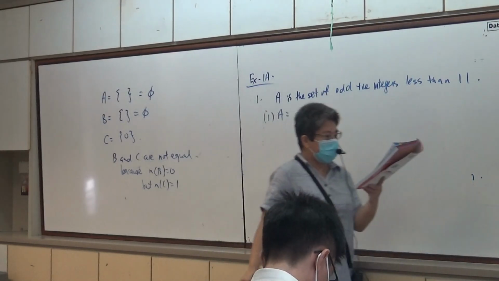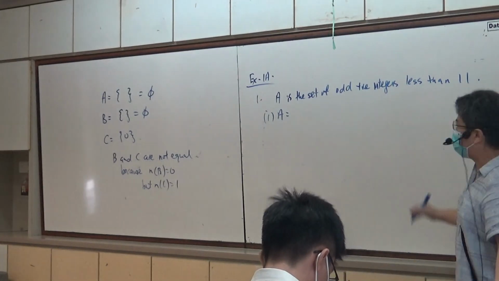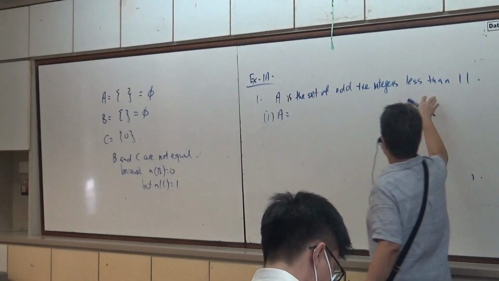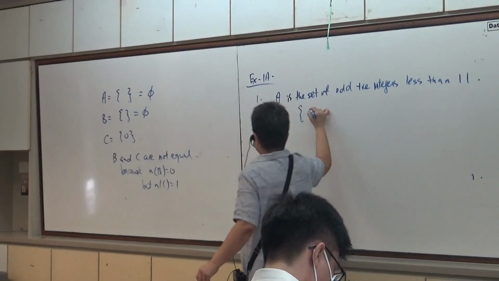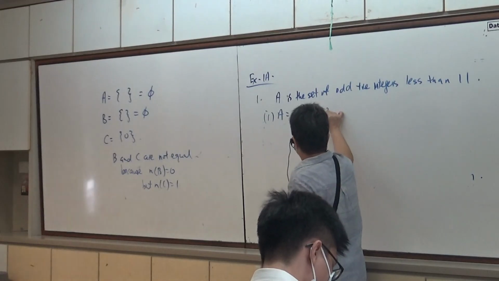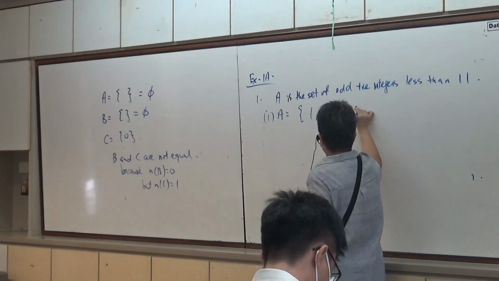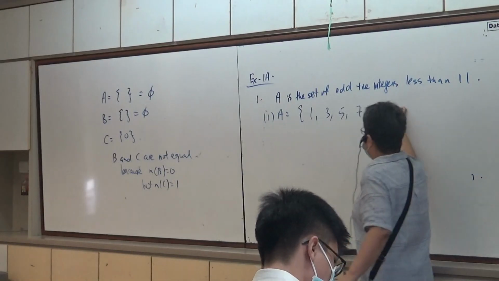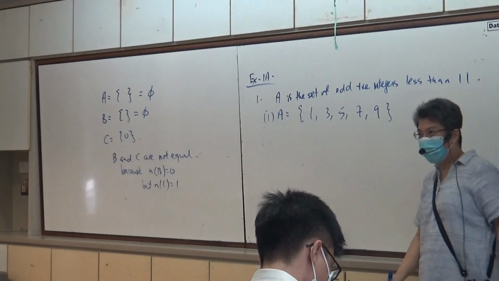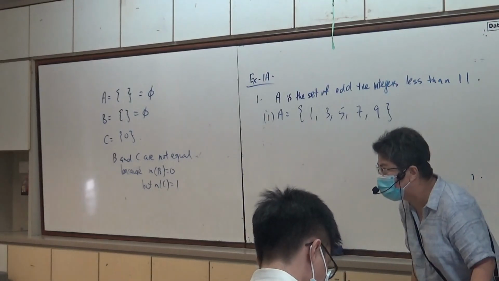List all the elements of A in set notation. Now, look at the definition. Odd positive integers less than 11. Positive integers. So what's the first one? 1. Then 3, 5, 7, 9. Do we have 11? No. So like that only, right? So must read carefully. Understand?